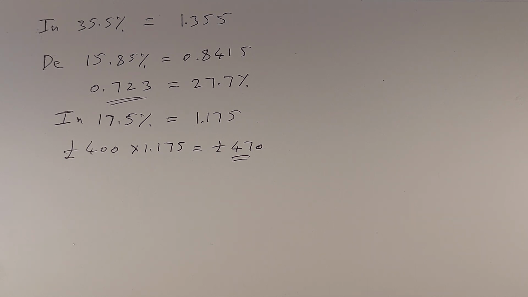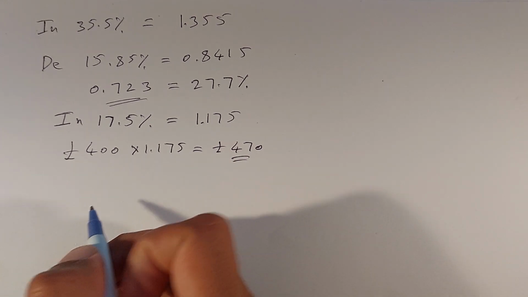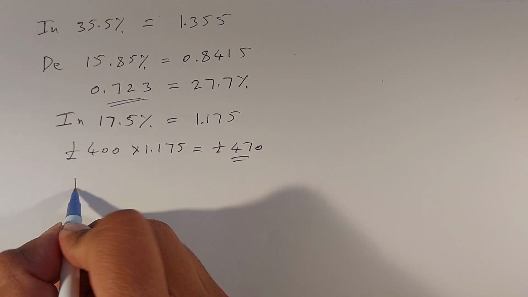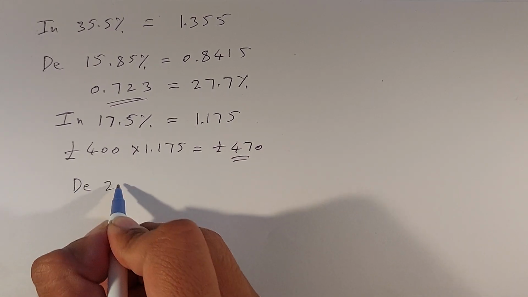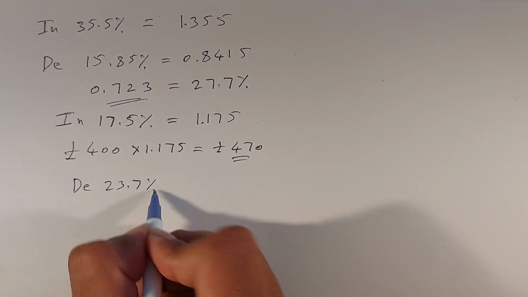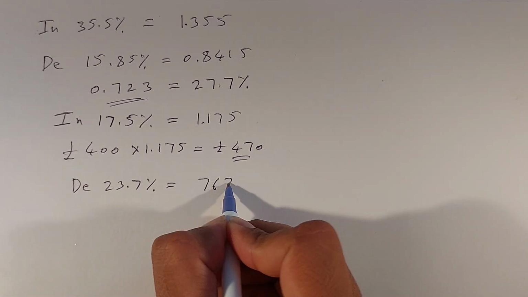This multiplier can be used in many different places. If you went to a shop, or for example if something is decreased, say this value is decreased by 23.7%, how do we calculate? 100 minus 23.7% became 0.763.